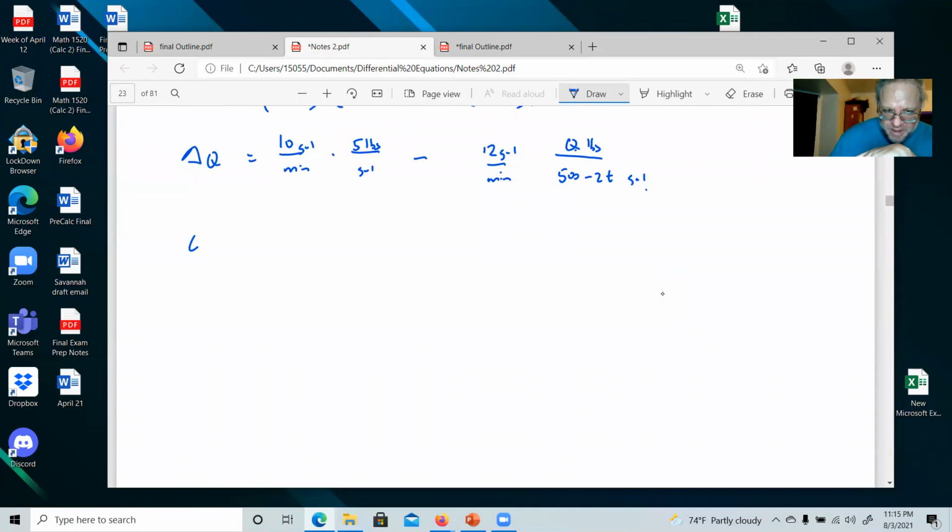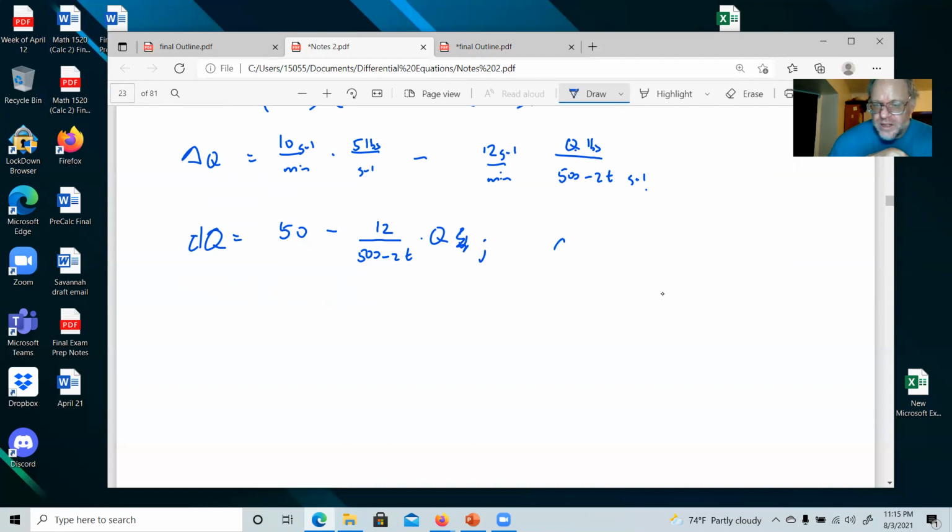So let's see here, we have dQ/dt equal to 5 times 10, 50, minus 12 over 500 minus 2t times Q. I'll bet we could simplify that just a little bit, couldn't we?